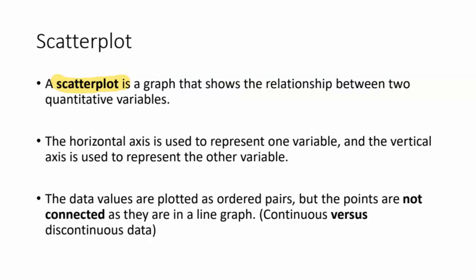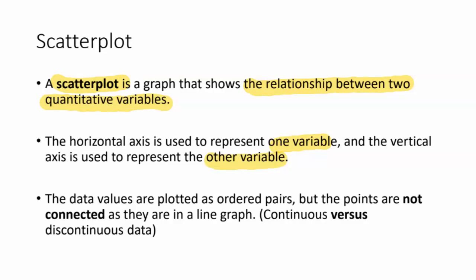They are going to show a relationship between two quantitative variables, which means I have quantities for two different characteristics of something. Now, the horizontal axis could represent one of the variables, where the vertical is going to represent the other.